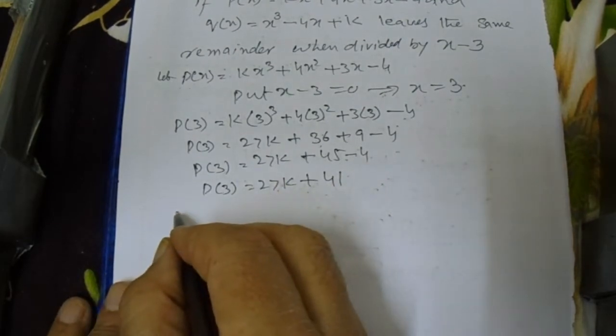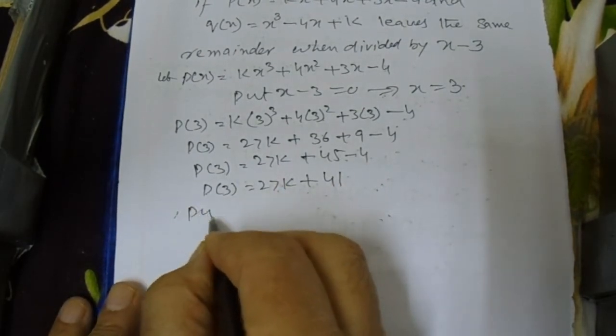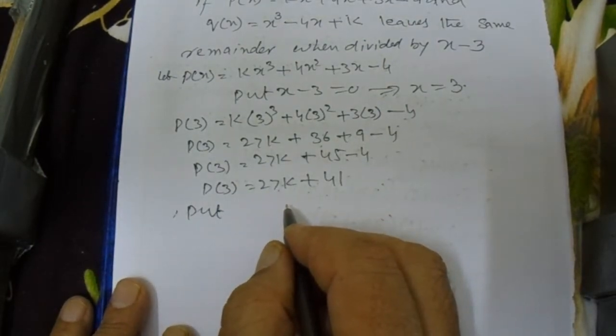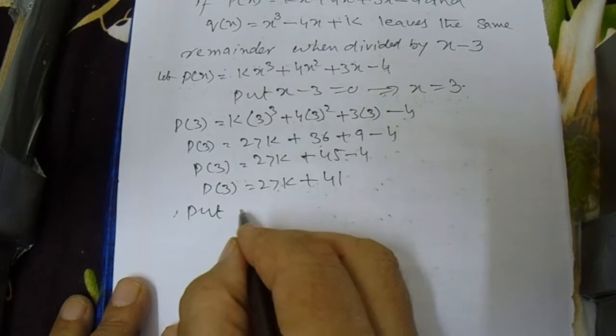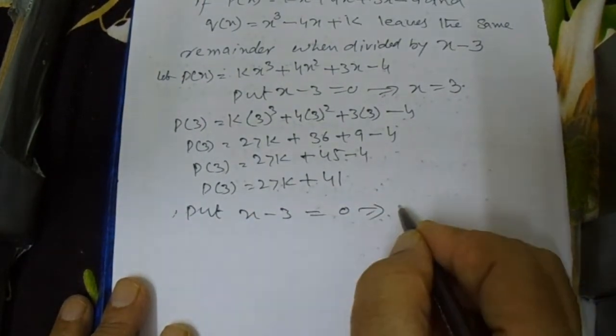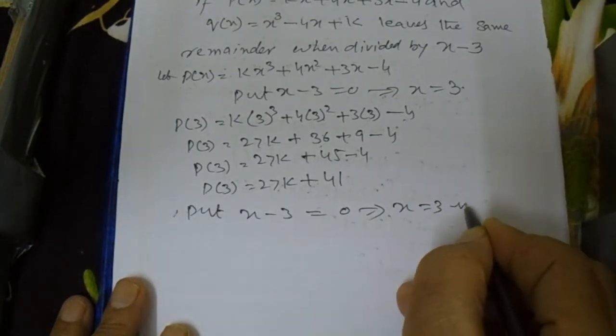Now again put x − 3 = 0 and x = 3 in Q(x).